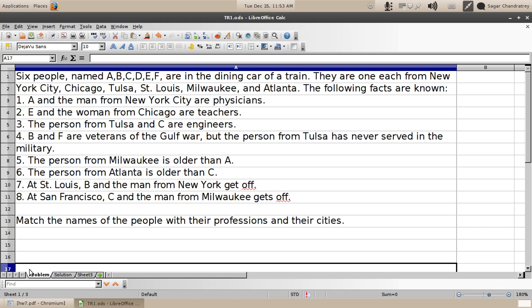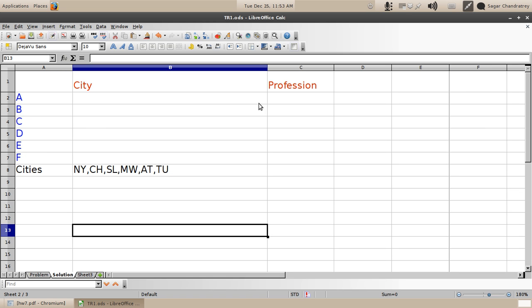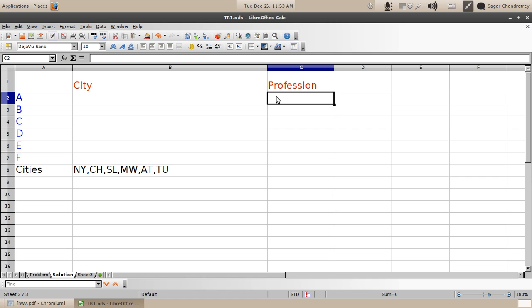So let us put this information in the matrix sheet. So against A, we are going to put the profession as physician, and in the city column we are going to mention that he is not from New York. So this cross represents that he is not from New York.